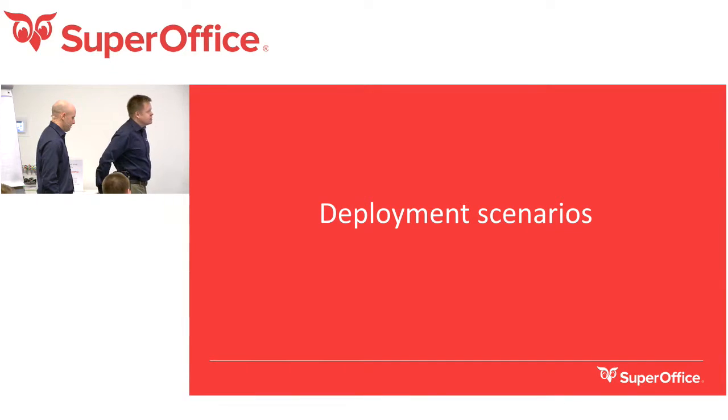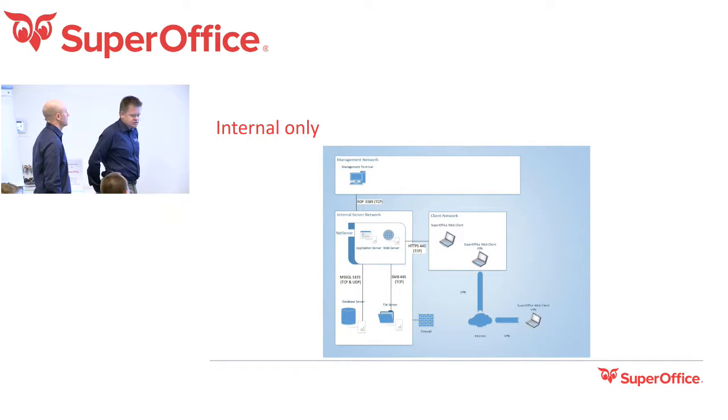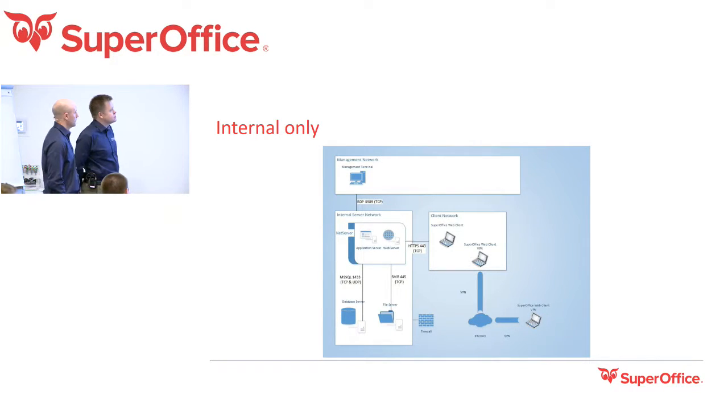Okay. So now let's look at how to deploy SuperOffice in a secure manner. We have some different scenarios that you can see. Here's an internal-only scenario, if you have an installation that's not available on the internet.